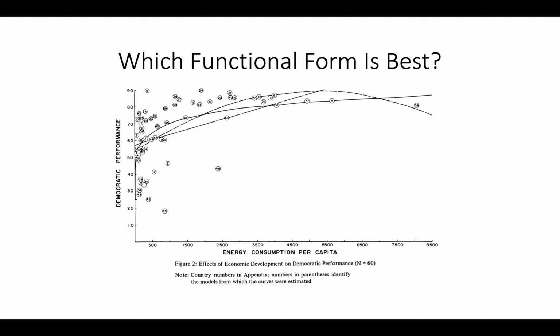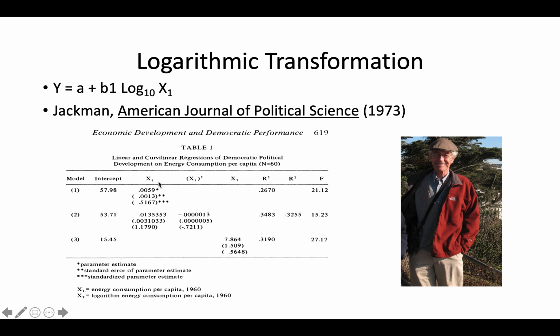There are some subtleties to note, as Professor Jackman is careful to note. For instance, this is one of those models where the y-intercept actually matters. So I'm going to go back to the statistics. Notice the y-intercept is quite different between the linear, parabolic, and logarithmic.